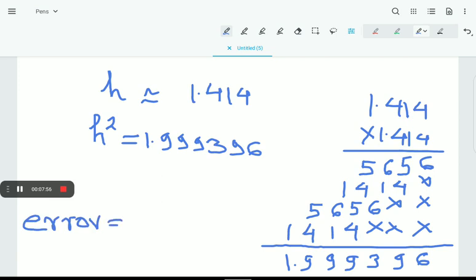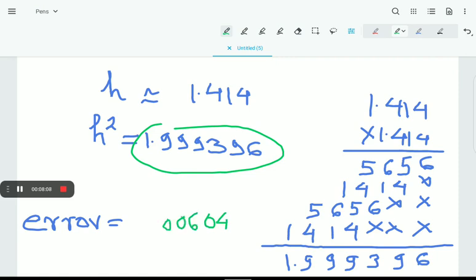If you subtract this from 2, then you get 0.000604. Wow, we are getting much more accurate value of h, but not a perfect value.